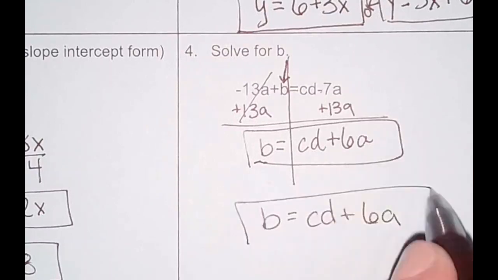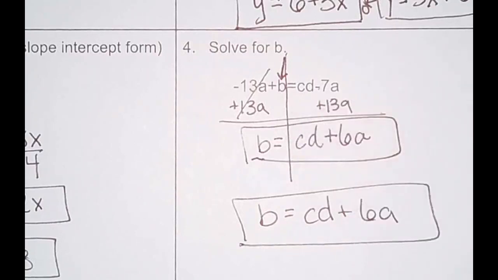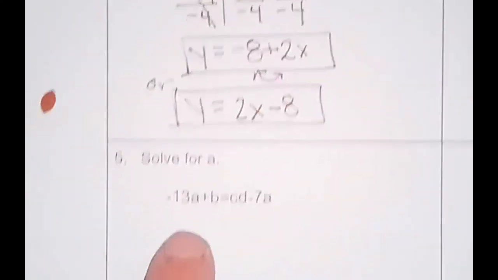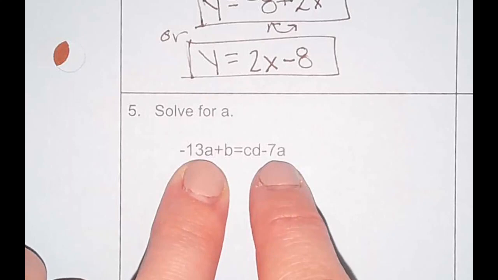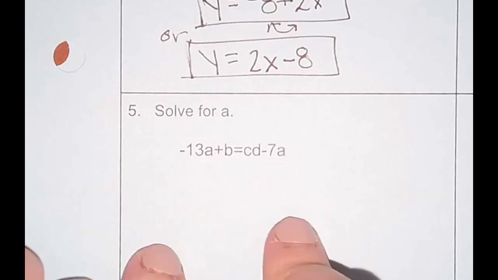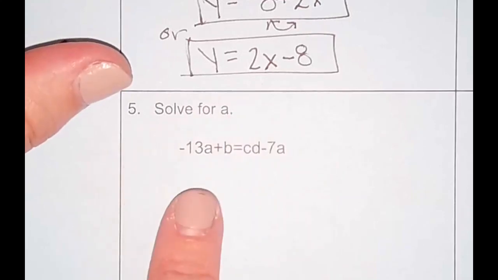So I have negative 13 plus 7. That's a negative 6a. Drop down our b. We didn't use it. Plus b equals. CD drops down. We didn't use it. Negative 7 plus 7 is 0.